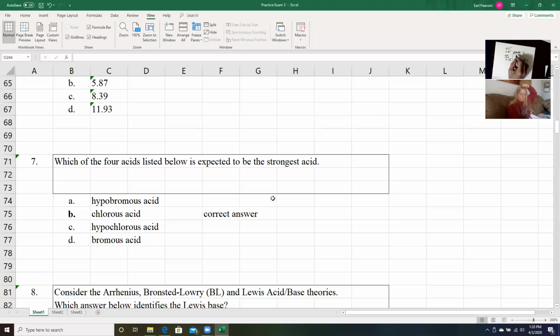The bond strength of that HO bond is the same in all of them. The only difference is electronegativity. Electronegativity is bigger for chlorine than it is for bromine. So the chlorine acids are both going to be stronger than either of the bromine acids. The one with the most oxygens is going to be the stronger of the two, because adding more oxygen adds more electronegativity to this side and pulls the electrons closer to that ion. That's what makes it work.